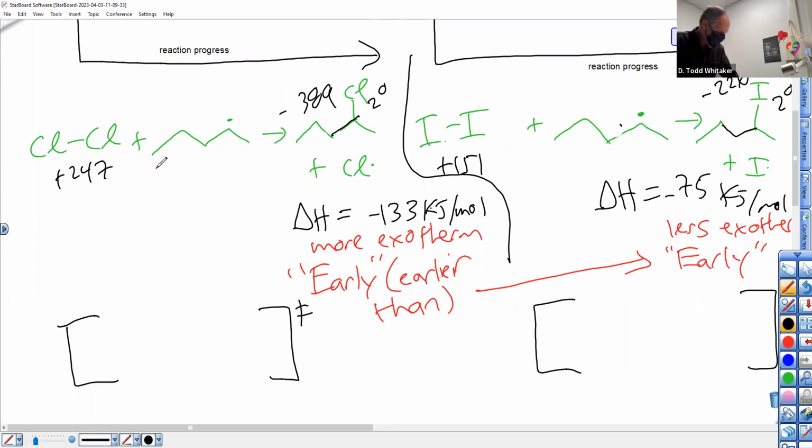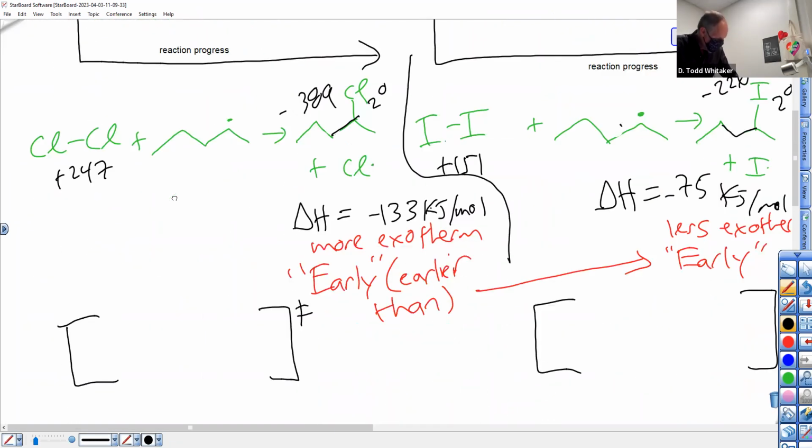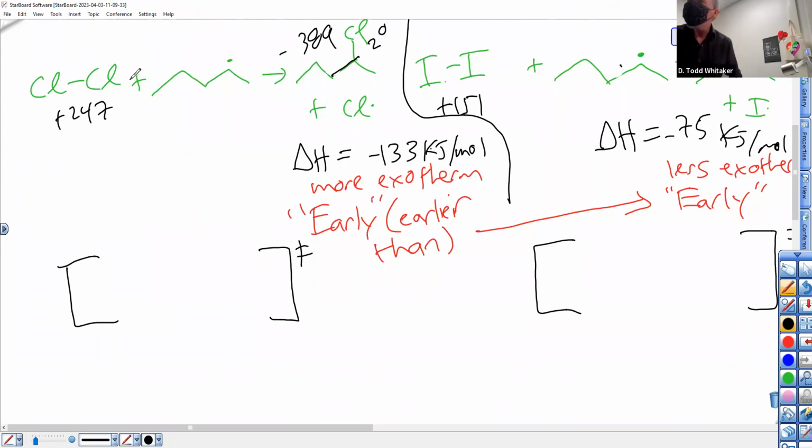Cl is transitioning. And early on, it means it hasn't transitioned very much. Late means it's transitioned almost all the way. So early on, Cl is bonded to Cl. It's a reactant. It's bonded. It's starting to move away. And the Cl is starting to make a bond to what? The alkane.